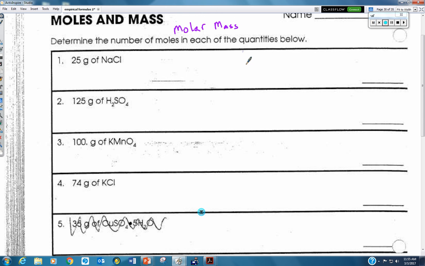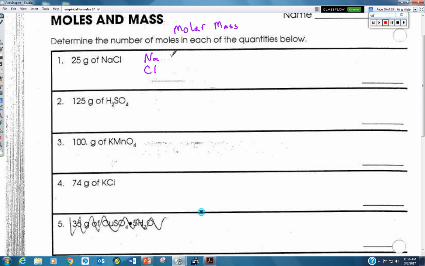And we need to recall that solving for molar mass, we just total up the masses of the elements in the compound. So for example, sodium chloride, we need to get the sum of the mass of sodium atoms plus the sum of the mass of the chlorine atoms.